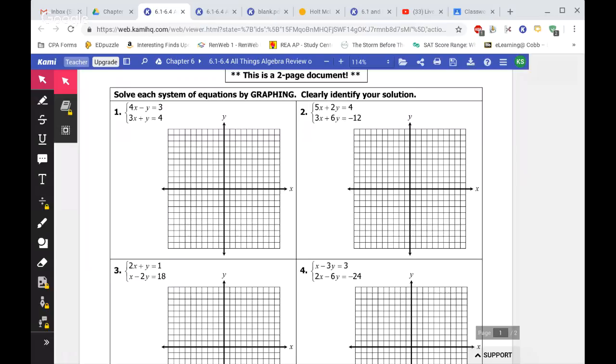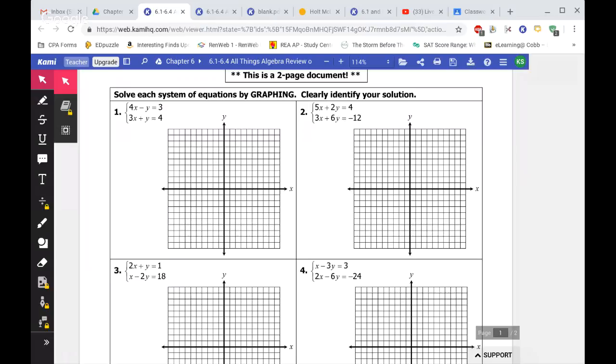So if you have a preference as to which one you want me to do, please let me know. I think I'm going to try to do number 1 and number 4 with the graphing. So if you want me to do a different one than 1 and 4, let me know.